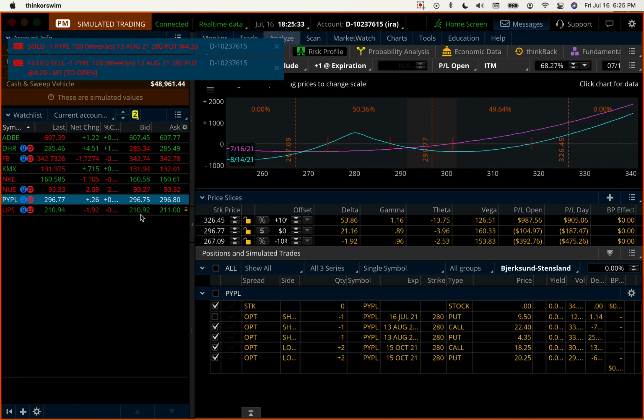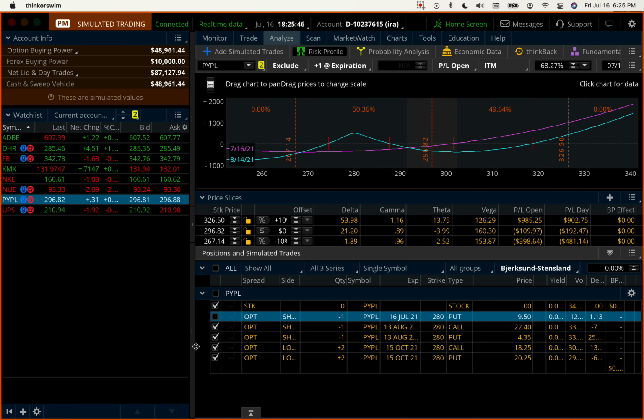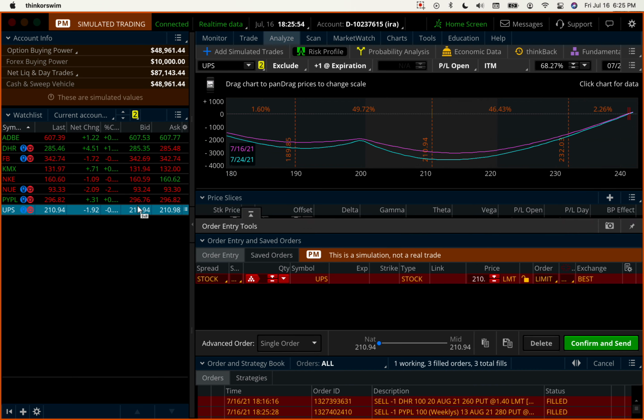There, it is. It did. Okay, so what is going to happen with this? It looks quite bullish here, but the reality is that this 280 put is going to go away by the end of the week, by the end of the day, and this is what we end up with. Your typical put Goldini. Let's go to the UPS.